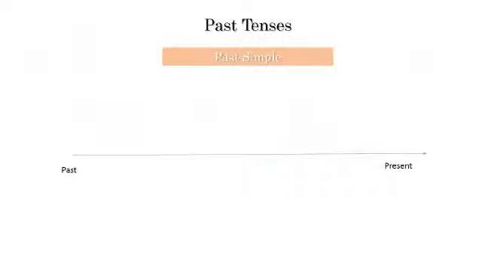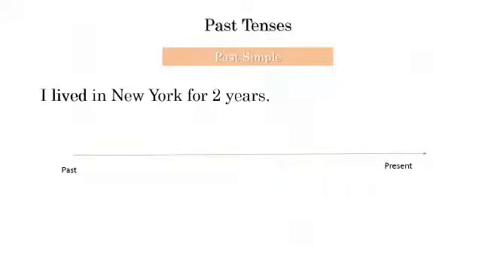So here we are going to talk about past simple a little bit more deeply. To do that, we have to get our previous example: I lived in New York for 2 years. Okay, then we will see the picture of New York. So what does it all mean?